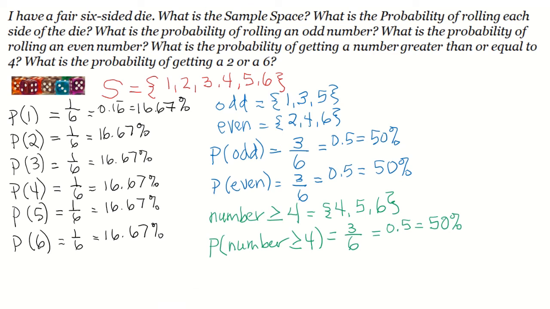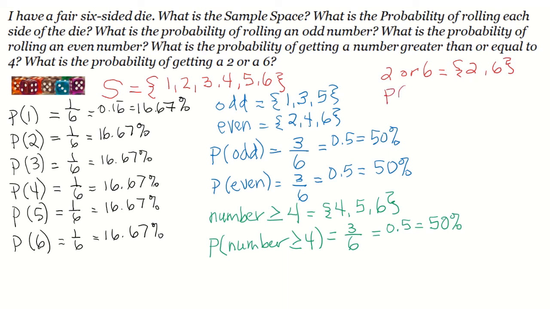Let's look at the last one, which says, what is the probability of getting a 2 or a 6? So we're defining a new event of what is the probability that if I roll the dice, I am going to get a 2 or a 6. This has 2 possible outcomes, the 2 side and the 6 side.